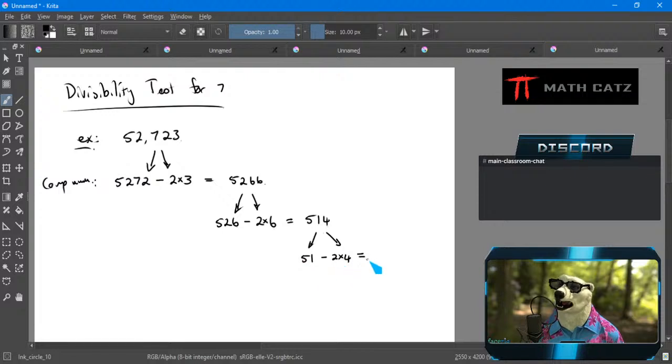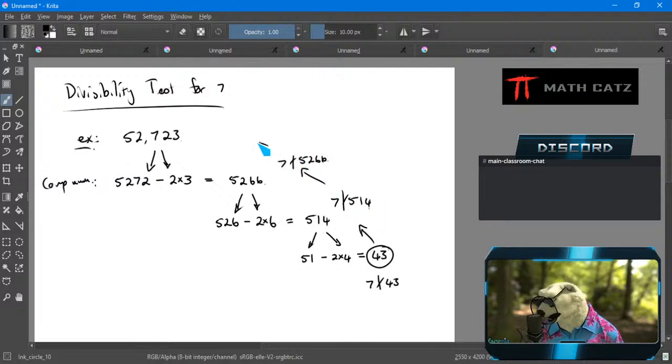I get 51 minus 8, which is 43. So I can then say, well, 7 does not divide into 43. It's close, but unfortunately not. Therefore, 7 does not divide into the previous comparison number. Therefore, 7 does not divide into my original.